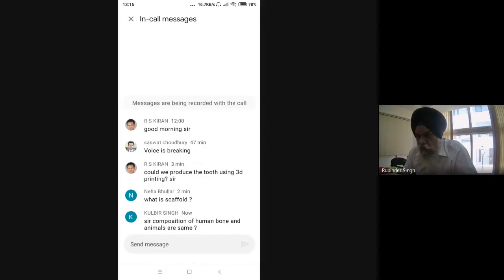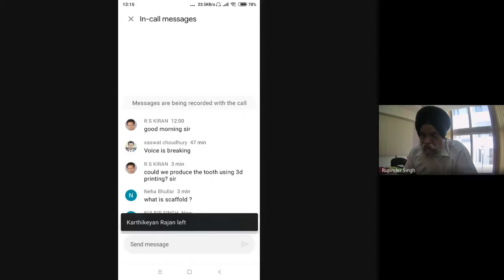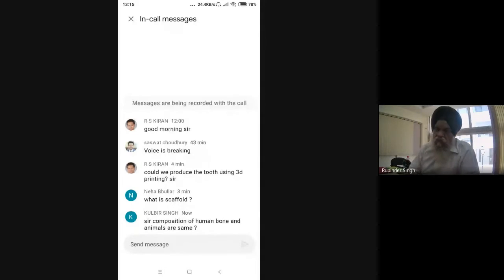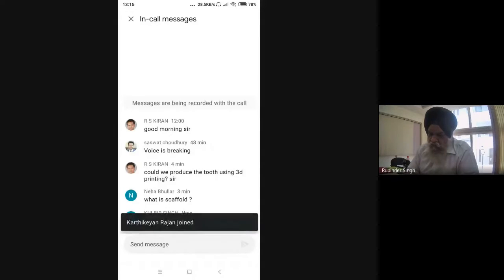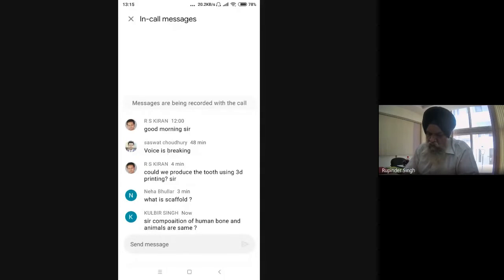They are asking whether the composition of human bone and animal bone is the same or different. It is almost similar, strength wise. Basically, if you look at the dimensions, the human height is 6 feet or 5.5 feet, while a dog is only 2 feet or so. So the dimensions vary. Even the strength of the bone varies, because bone is an anisotropic structure and strength develops with time.